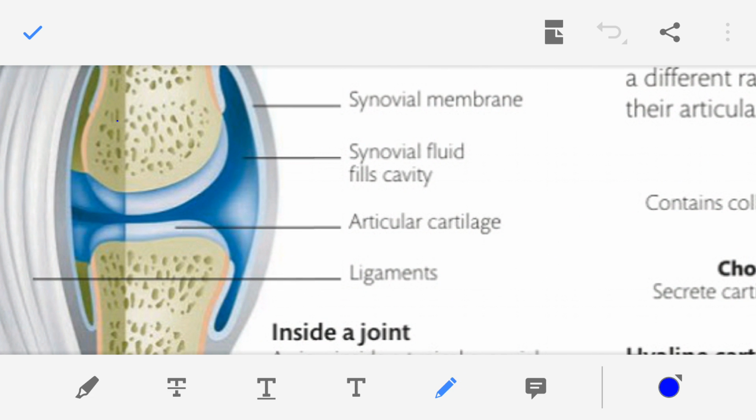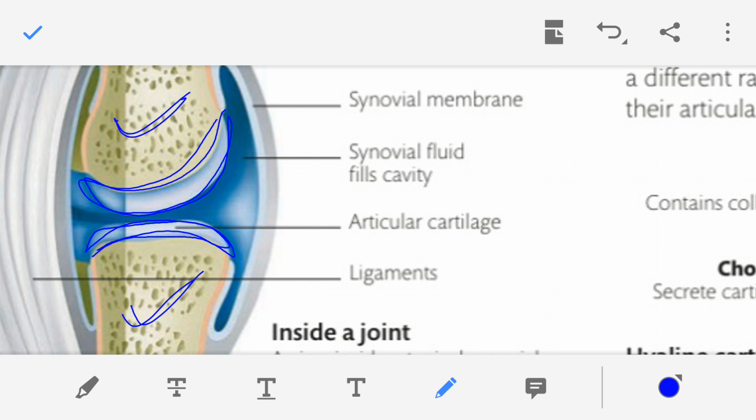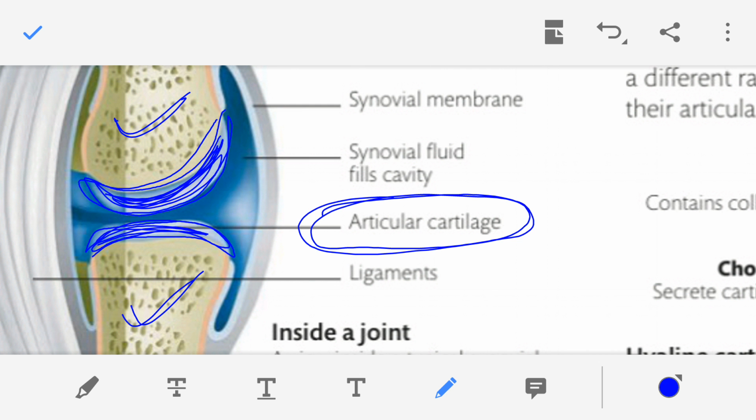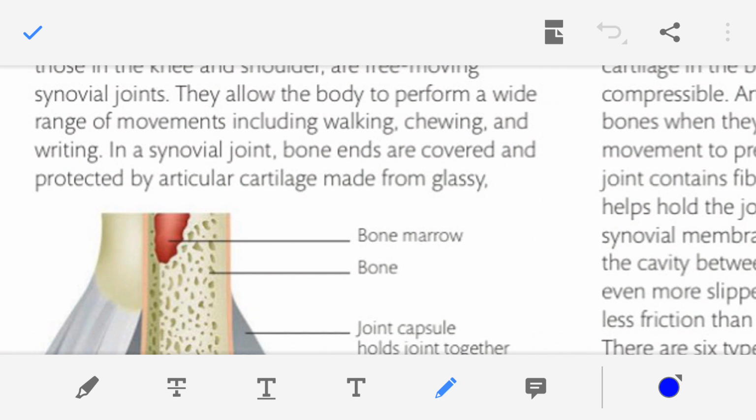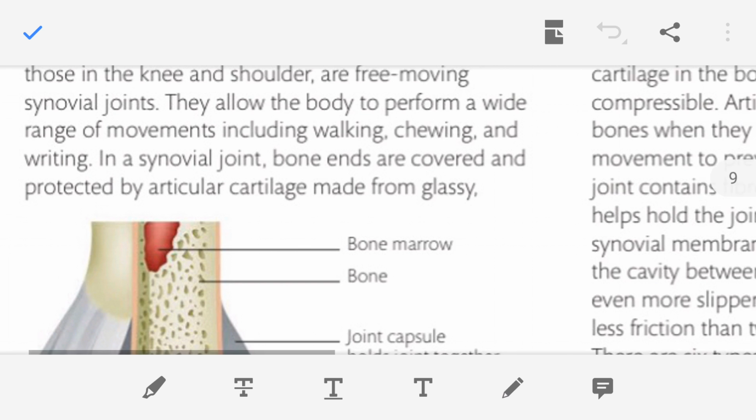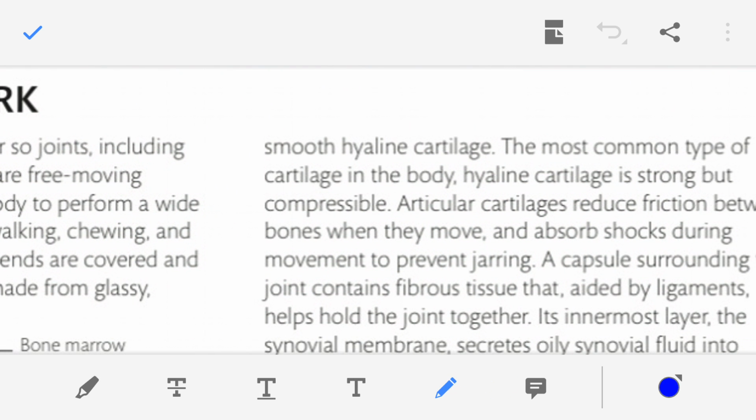For example, this is one bone, this is another bone, and between these two bones the synovial joint is there. Let me show you the surface of the bone. As you can see, on the surface of the bone, articular cartilage is present. And what is this articular cartilage made up of? Articular cartilage is made up of glassy, smooth hyaline cartilage.